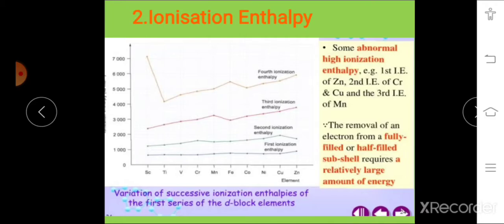This is because the nuclear charge and atomic radii of transition elements lie between s-block and p-block elements. As the atomic number of transition elements increases along the period, the first ionization enthalpy increases.